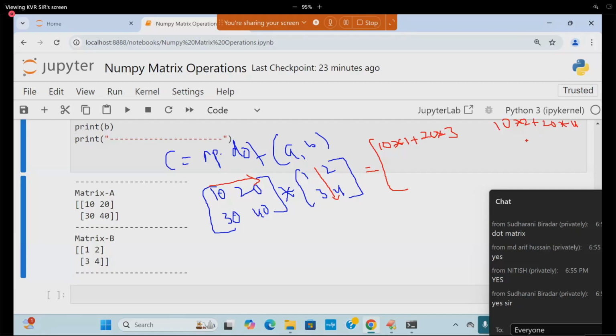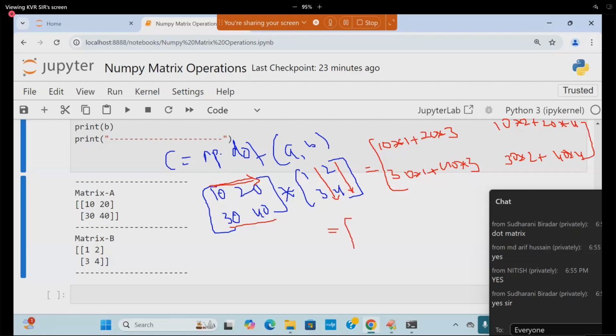That is the first row multiplied with the second column also. Next, 30 into 1 plus 40 into 3. Good. Next, 30 into 2 plus 40 into 4. This is the one.